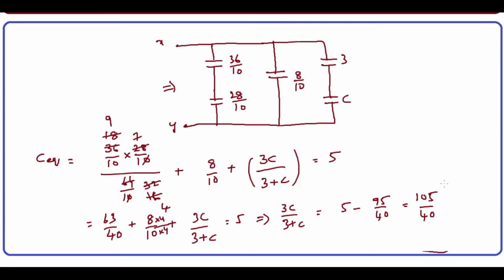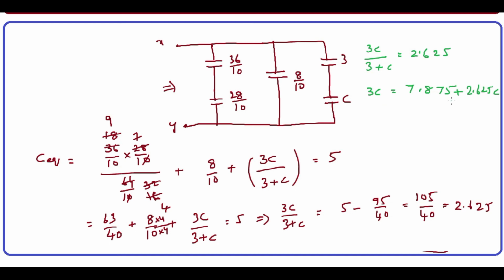So this value is 2.625. Let me solve here. 3C divided by 3 plus C is equal to 2.625. So 3C is equal to 3 times 2.625, which is 7.875, plus 2.625C.